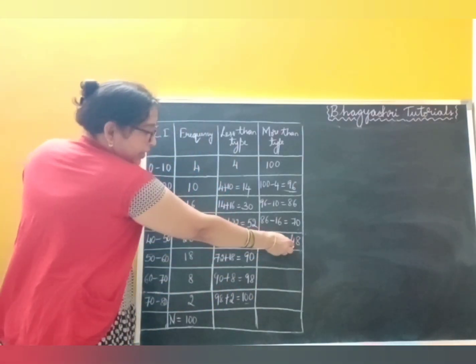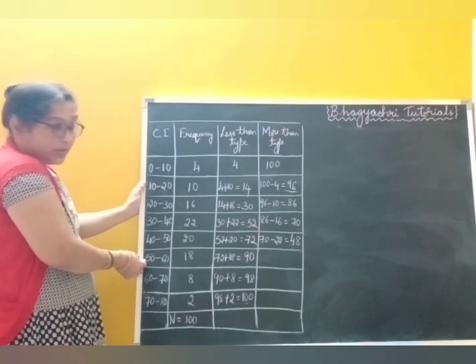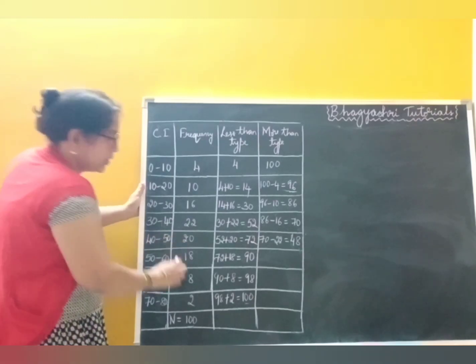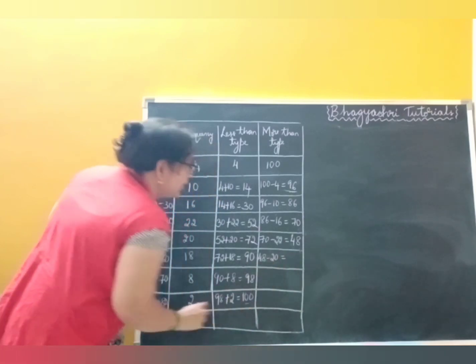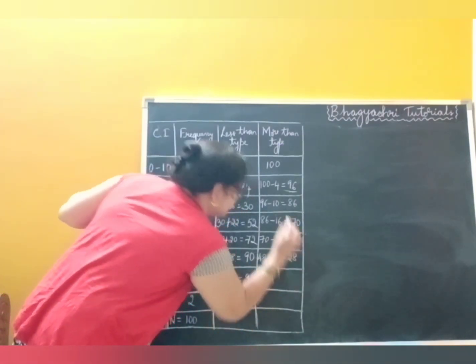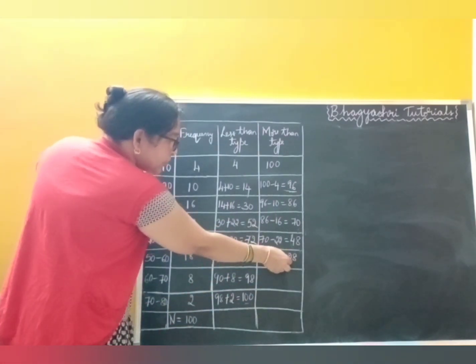Now, out of these 48, how many of them have got more than 50? See the preceding frequency, it is 20. So 48 minus 20, it is 28. So there are 28 students now remaining.